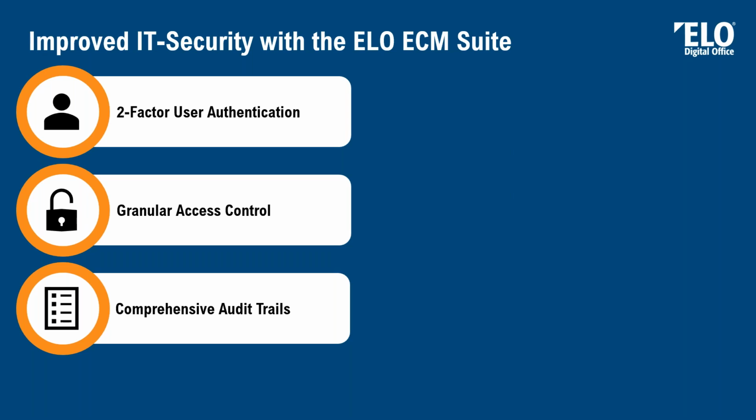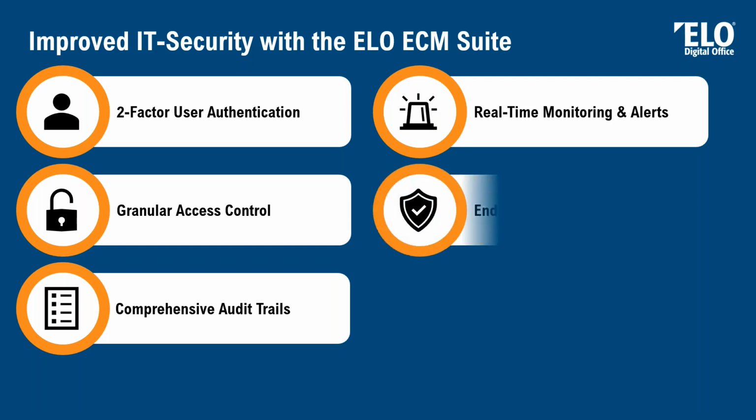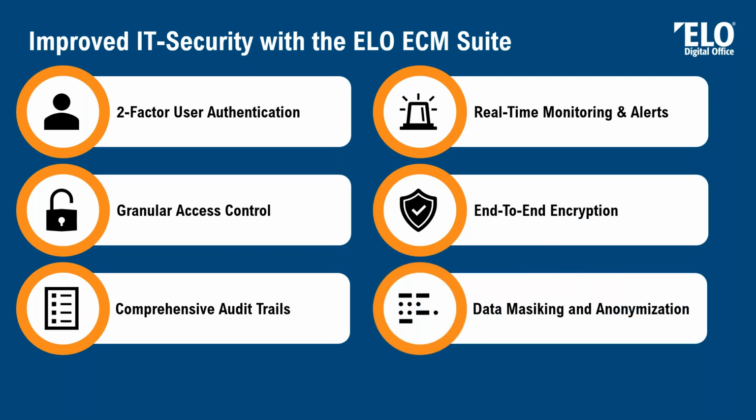So you can see everything with the comprehensive audit trails, and you can configure live alerts and real-time monitoring as well. When you encrypt the documents, then it's an end-to-end encryption, and you can use it for data masking and anonymization.